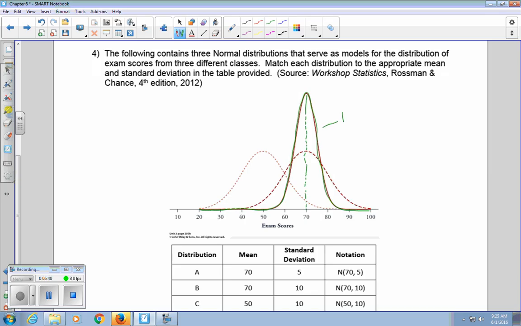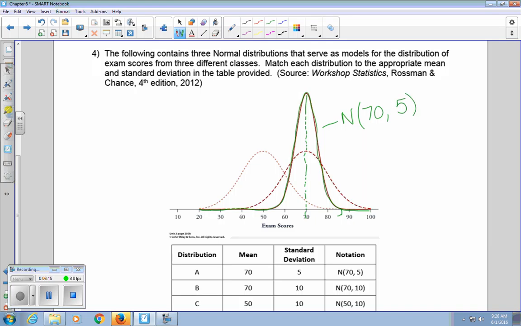So this green one looks like it's normal with mean 70. Next we want to figure out its standard deviation. It looks like almost all of the data is going to be between the mean and 85. So the standard deviation's probably about 5 for this model.